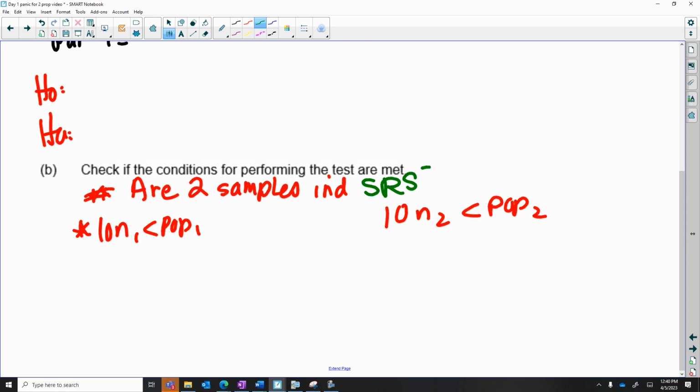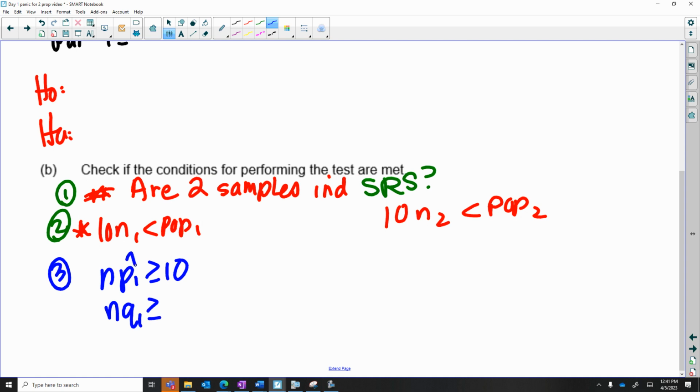Are they separate simple random samples? And lastly, n1 p1 hat greater than or equal to 10, and n1 q1 hat greater than or equal to 10, and the same for n2. If you have p, you use p, by the way. If you don't have p, use p hat here. So that is a lot.